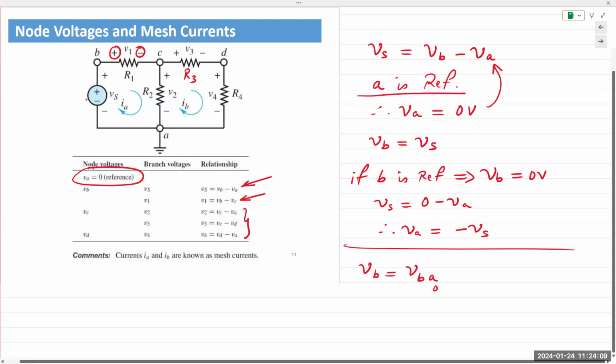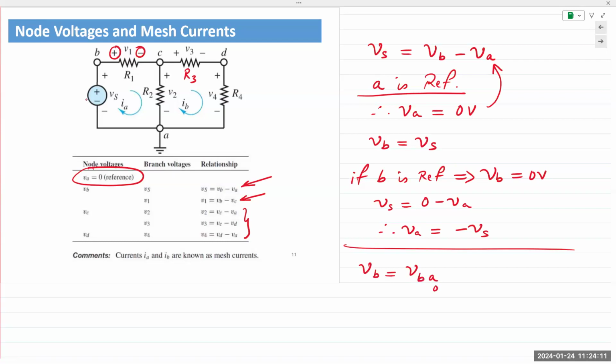Because A is 0, the second subscript is simply implied. So when you're talking about node voltages, it's always with respect to the reference node. The reference node is automatically 0. So VB is VBA, VC is VCA, VD is VDA. So there is no two subscript notation for node voltages.